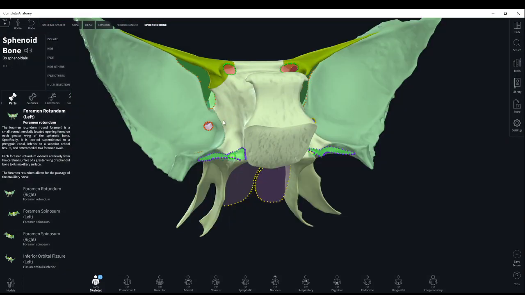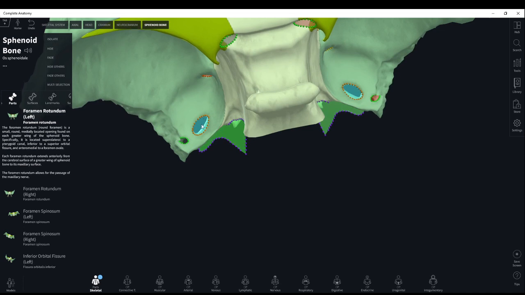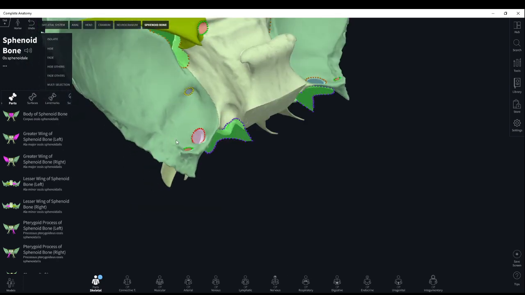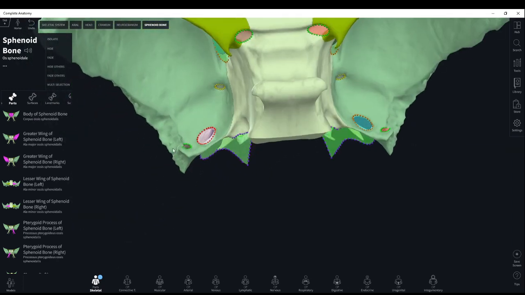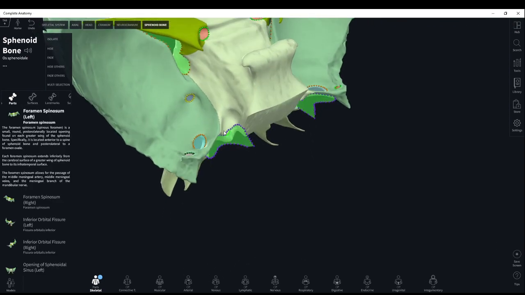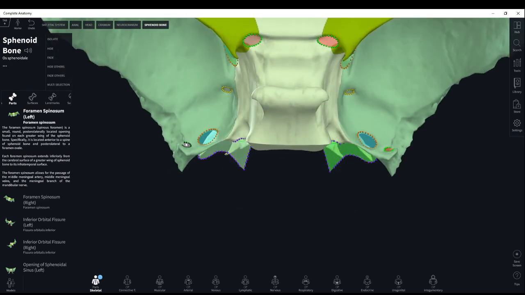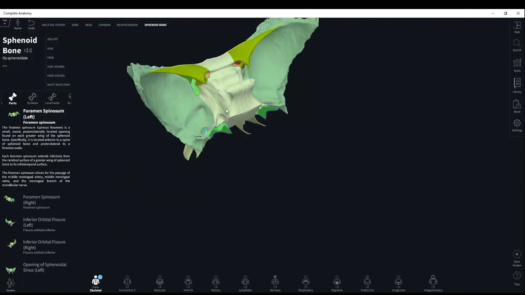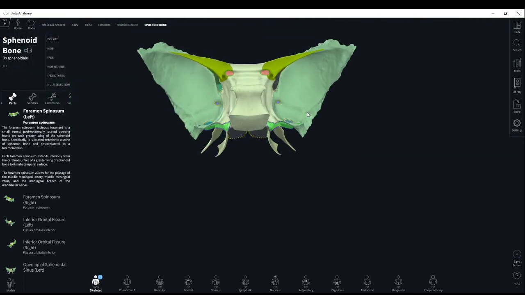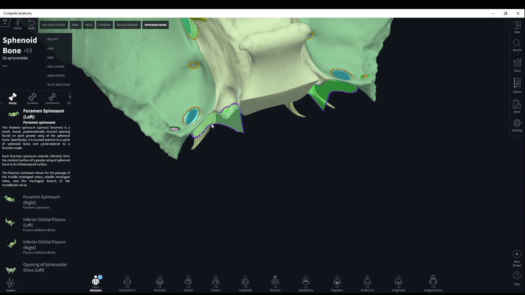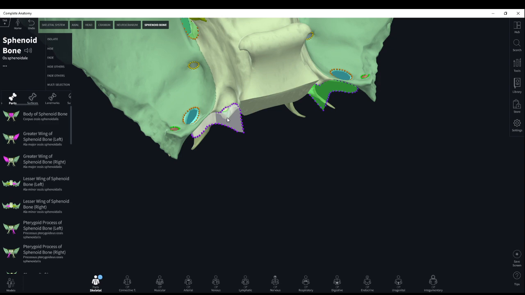Then horizontally placed, the oval foramen, on the end of the greater wing, and near to this you can see the foramen spinosum, nearly to the oval foramen. All of these foramens are located on both sides of the wings. Here we can see the groove or notch for the foramen lacerum.